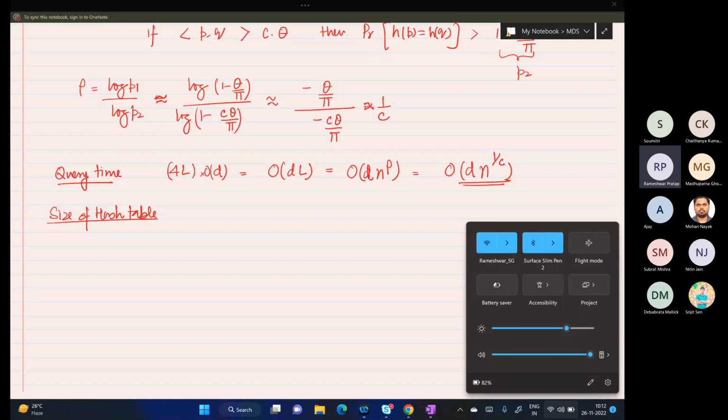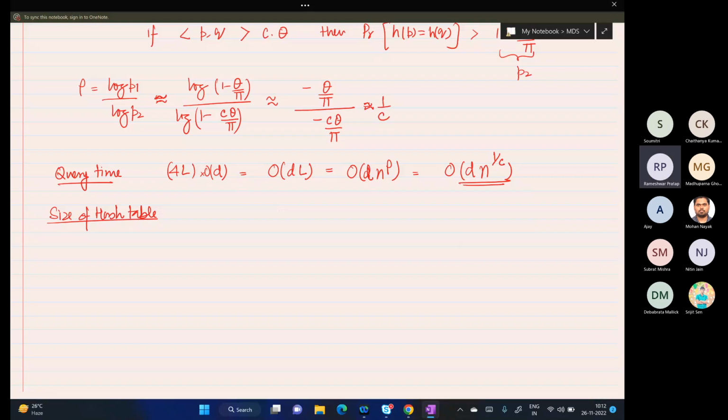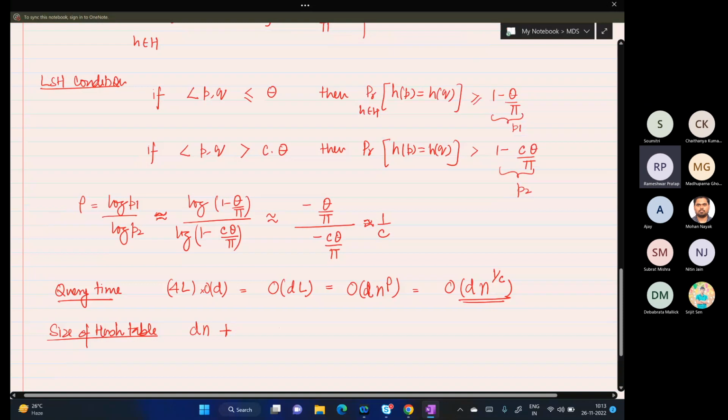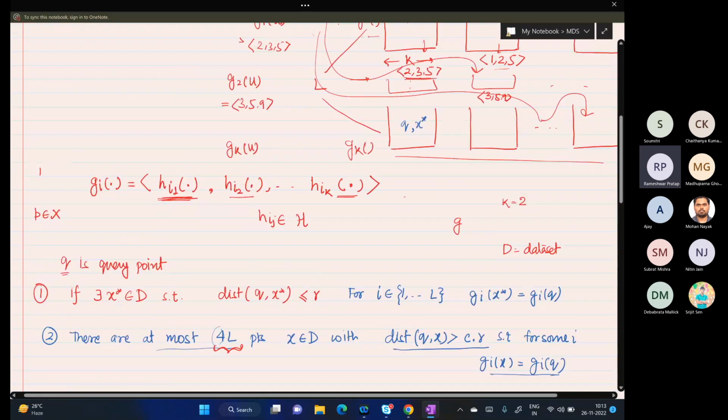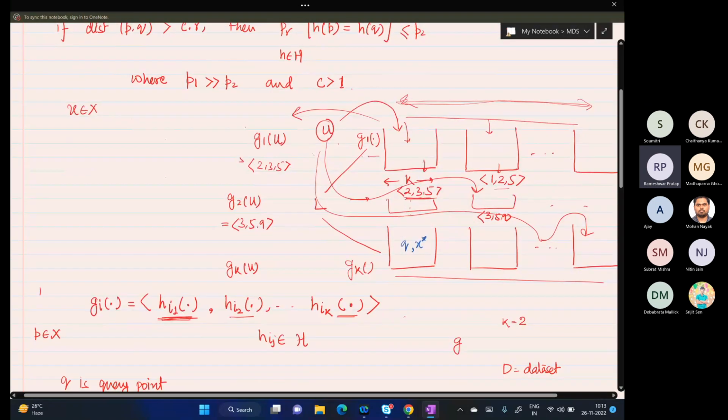Okay, so first we need to store the points. For that we need dn, and in each row we are storing n points. Basically all n points are hashed for this row. There are L such rows, and in each row we are hashing n points.